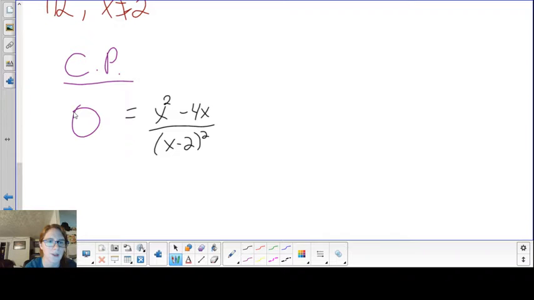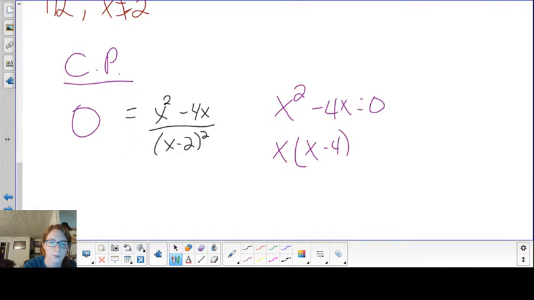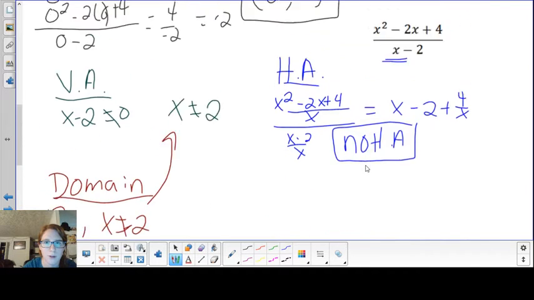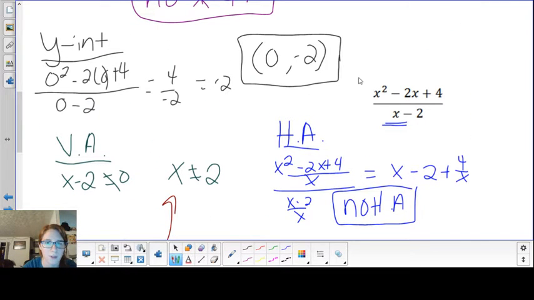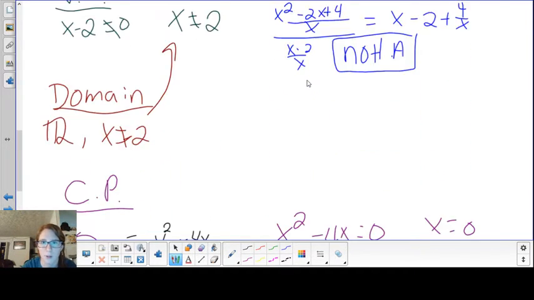And remember, when you set a fraction equal to 0, it's essentially taking the top and setting it equal to 0. I can factor out an x, so I see x is 0, and I see x is 4. Now, I've already talked about 0 in my y-intercept, so I don't need to talk about it again.